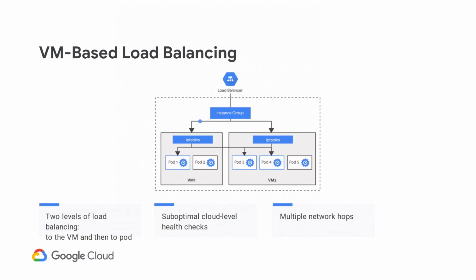In front of you, you see VM-based, or traditional load balancer-based, load balancing. What we see here is that your load balancer sends a request to one of the nodes in the cluster.